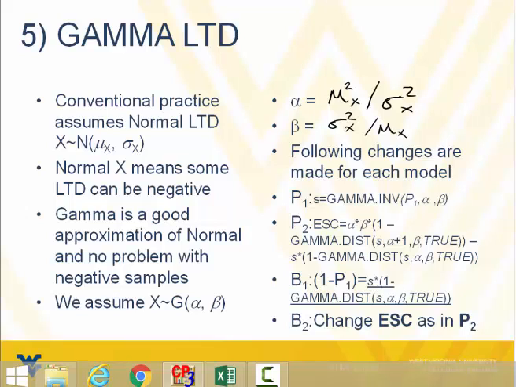So here you don't use k, you're using s. Because remember, k is from the standard normal distribution. So here you're entering s directly. So in a way, it's a lot easier to write out these formulas for the gamma distribution as well. For the B1 criterion, all you're doing is you're setting the 1 minus P1 as 1 minus this gamma function. And then for the B2 criterion, all you're doing is you're changing the expected shorts per cycle to this formula.